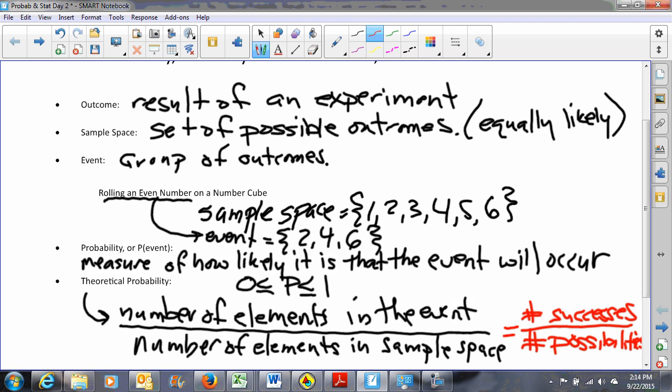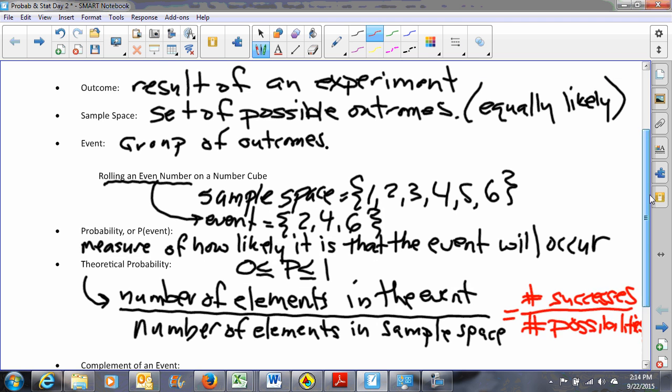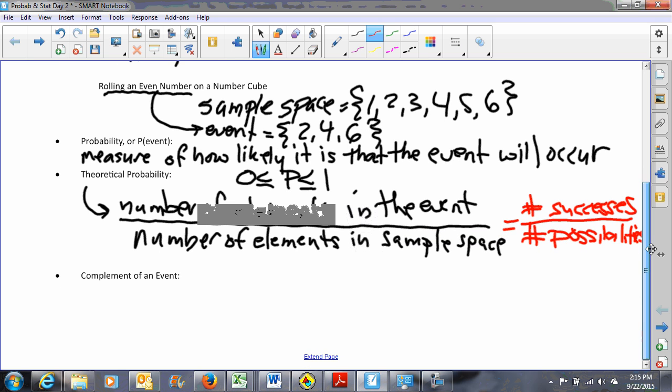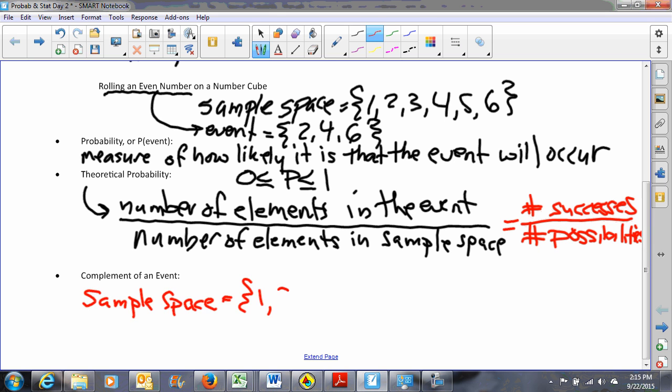Now, the next term here is the complement of an event. The complement of an event is, whenever you have a sample space, and let's go back to rolling a number cube or a die, we'd have the numbers 1, 2, 3, 4, 5, 6.